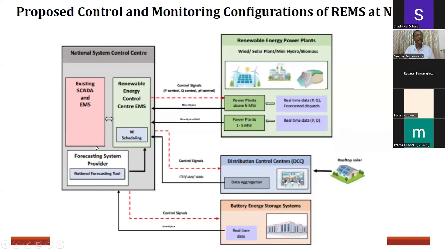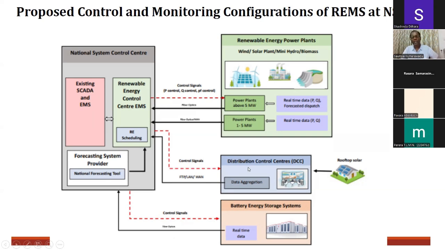In the existing system control center, we are going to implement a renewable energy control center. It will communicate directly with large renewable energy power plants, and it can control those power plants as well. The power plants above 1 megawatt.